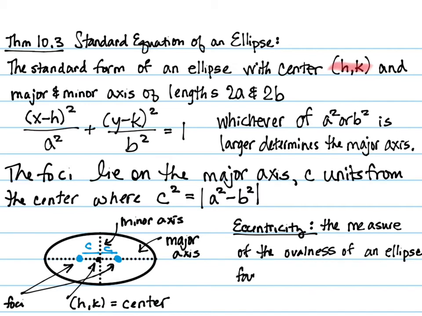It's found by the equation e, so e is for eccentricity, and it equals c over a.